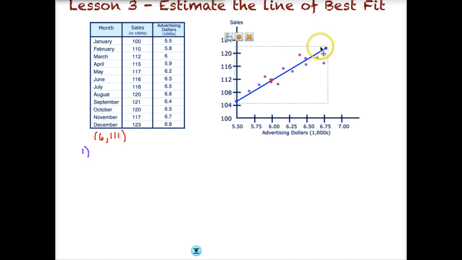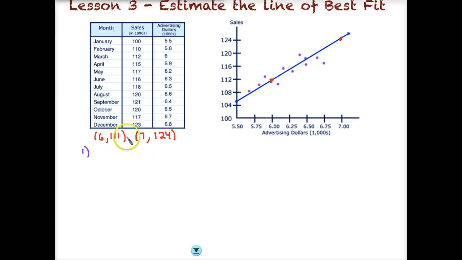So I think what I'm going to do here with my trend line is make it a little bit longer, and then I'm going to choose a point that's on 7. So if I come up here and choose 7, it looks like sales are about 124. So I'm going to choose 7 and 124. It's also good to get points that are spread out a little bit just to ensure that you have a good slope.